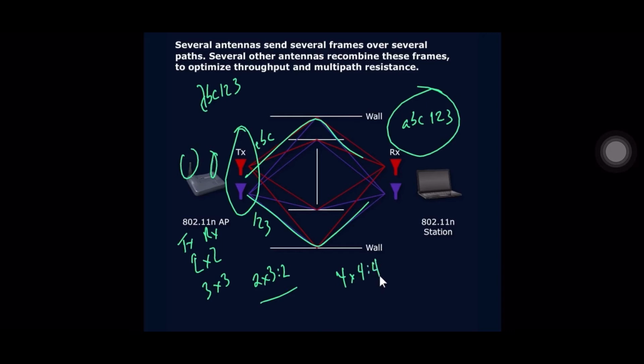A wave 2 AC could be four spatial streams possible. So really dividing up that data, now it's taking only a quarter of the time to send that same amount of data. That's why the throughput goes through the roof when we start having multiple antenna and we can divide the workload up. It's very stable, very efficient.